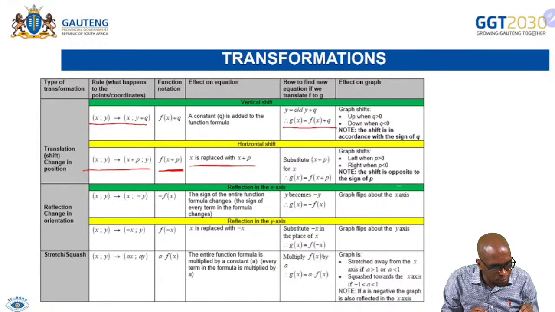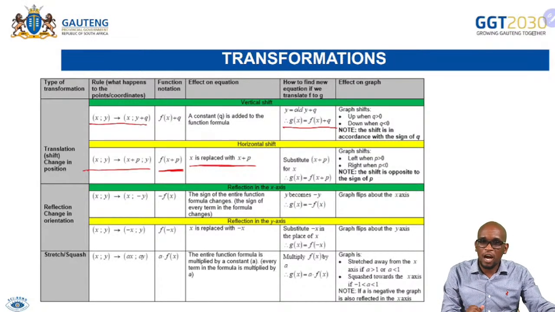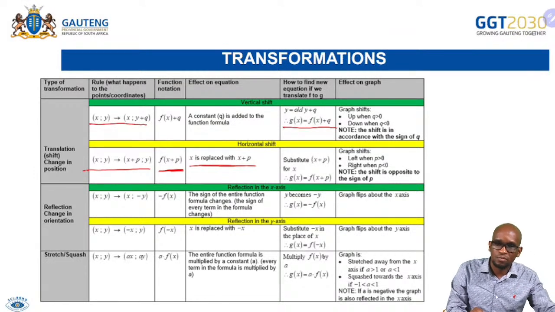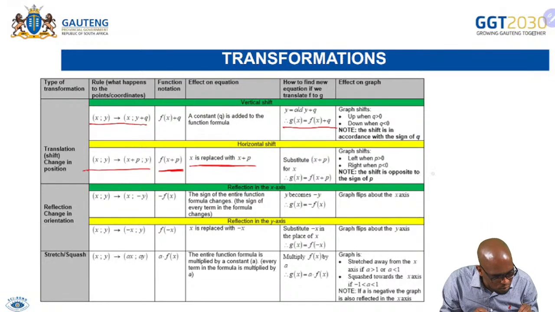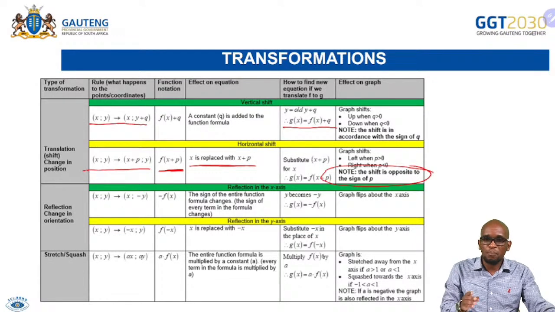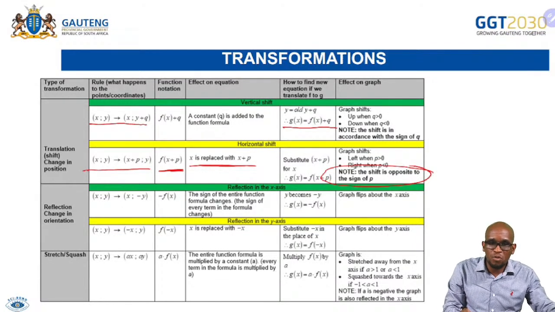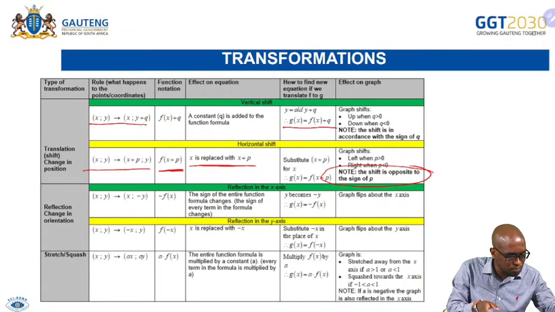Now, with respect to the shift, if p is positive, the graph moves to the left. If p is negative, the graph moves to the right, which means the shift is opposite to the sign of p. If p is positive, the graph moves to the left. If p is negative, the graph moves to the right.